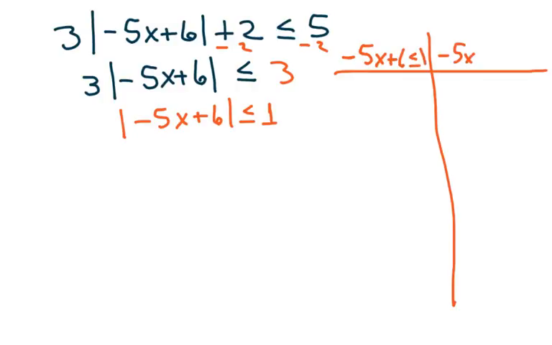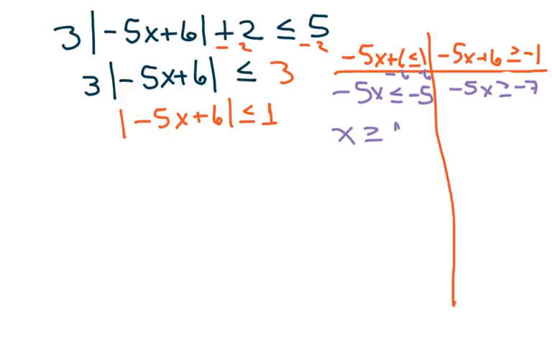And on this side, flip the sign and switch the number. It was positive, so now we're going to negative. We're subtracting 6 here. And negative 5x is greater than. We're dividing by a negative, so flip the sign. Dividing by negative 5 here, and so you divide here.